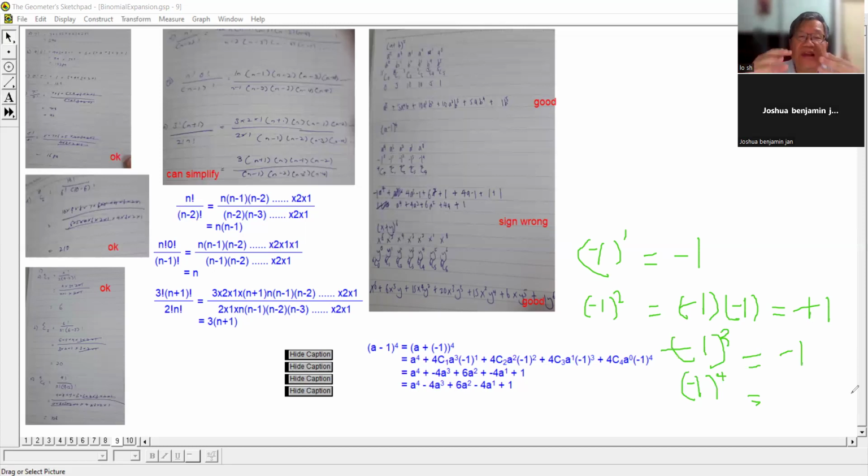So we see that when this happens, the signs alternate: positive, negative, positive, negative, right? Who are the positive ones? The positive ones are the ones with even power. The negative terms are the ones with odd power.